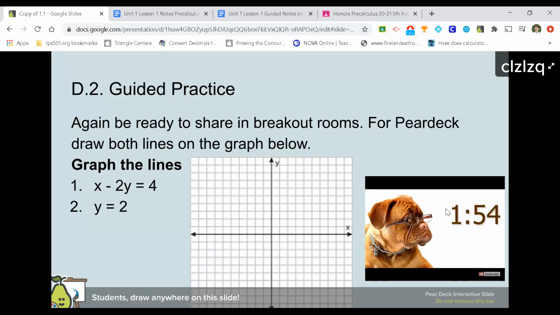Another way I suppose you could plot the first one is by finding the x and y intercepts. That's something. Think about that.